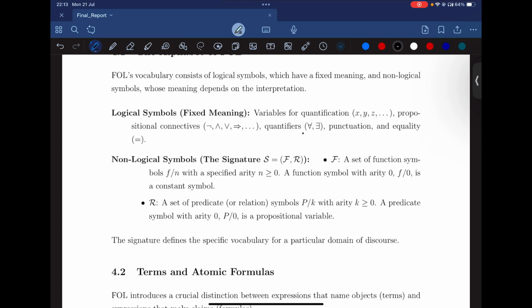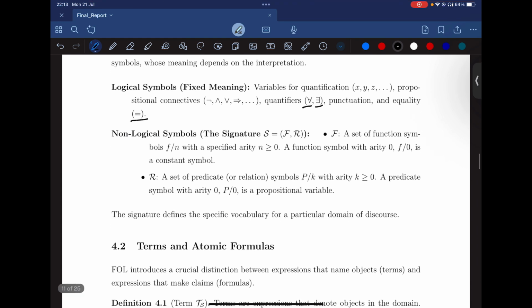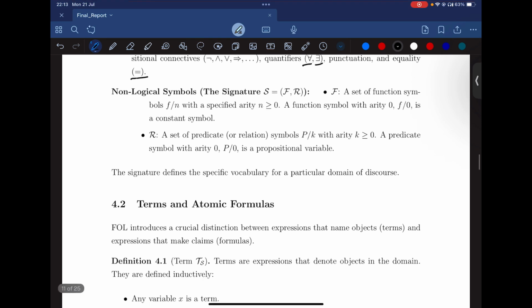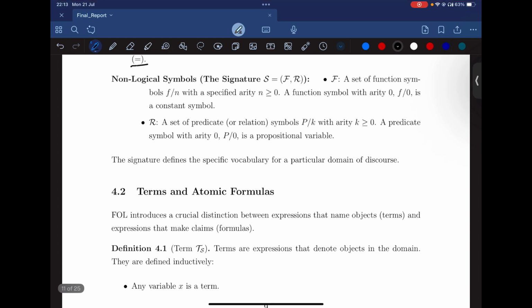Then there are the quantifiers for all and there exists, punctuation, and the equality sign which we'll learn about later. There are non-logical symbols such as F, which is a set of functions that essentially take a term and output a term. And we have R, a set of predicate symbols. Essentially R is a set of predicates which take in some value and return true or false.